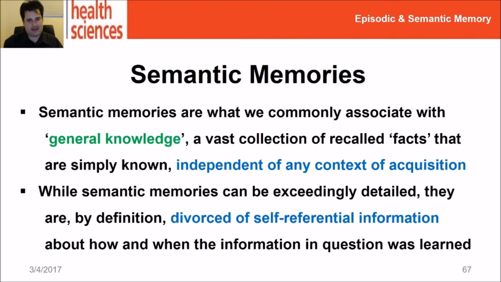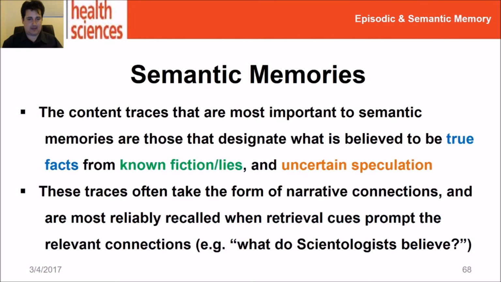I don't want to say that semantic memories, your general knowledge, are broken episodic memories, but the simple way of putting it is that every single declarative memory you have ever encoded and then were capable of retrieving at some point later in your life started as an episodic memory, and then a lot of them will have lost their episodic trace. You'll have lost that sense of whenness in your own life history, and they become general knowledge then. They become semantic memories when they're just something you remember as being true, but it's kind of out of context. When you learned it has come apart in that sense.